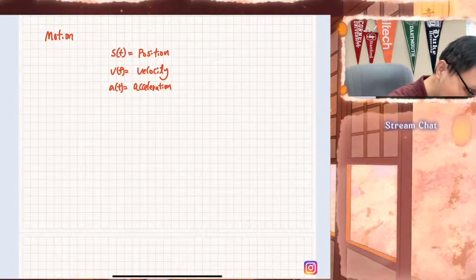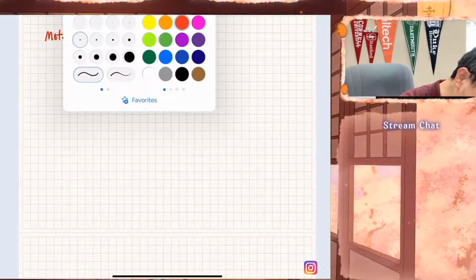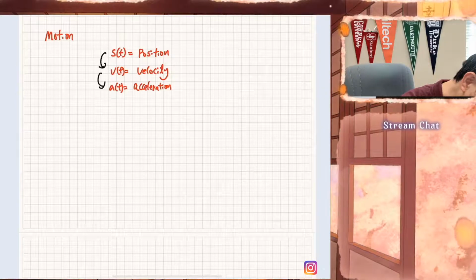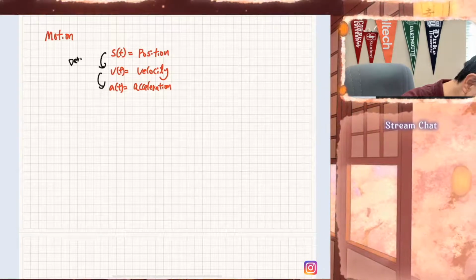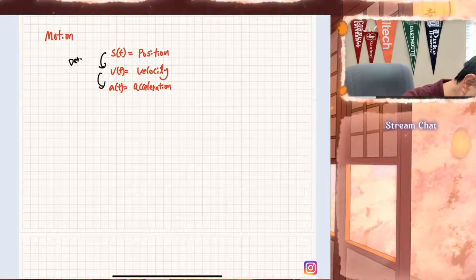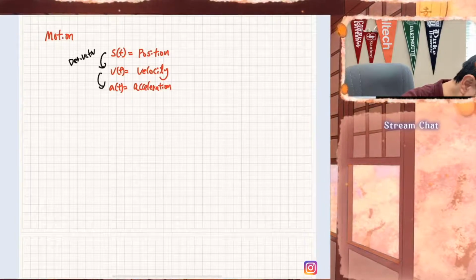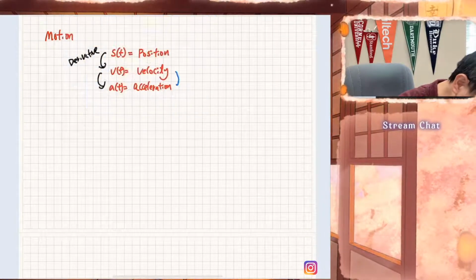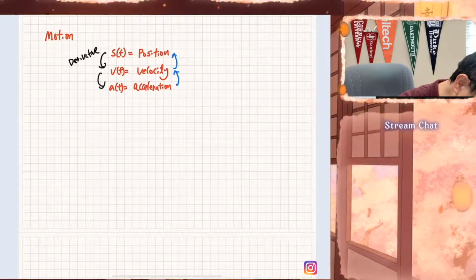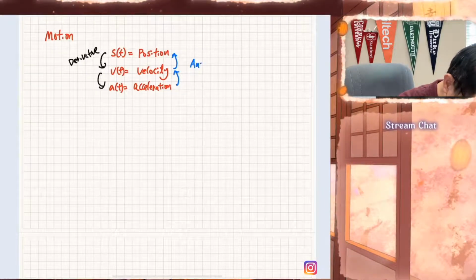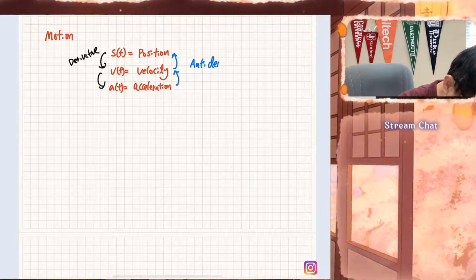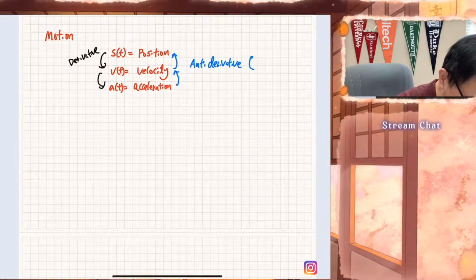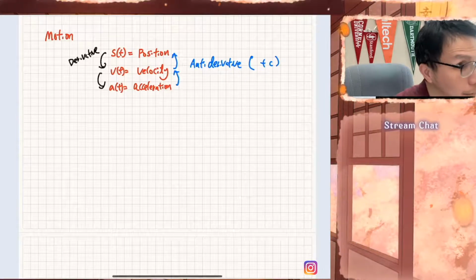Okay, and if I take a derivative, it's going to go down here. But if I take integrations, which is an antiderivative, it's going upwards. So antiderivative also means that you're going to have plus c.